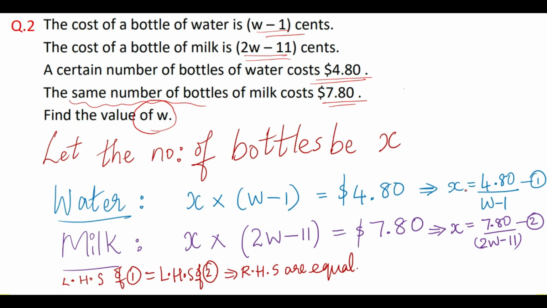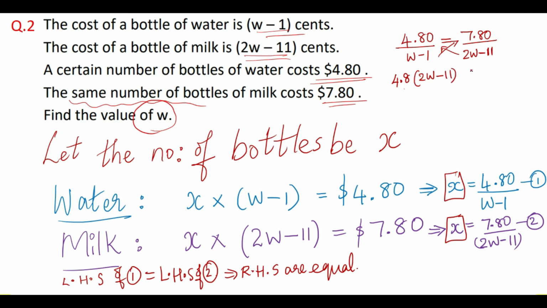Since it is X on both sides, I'll be writing 4.80 over W minus 1 is equal to 7.80 over 2W minus 11. You cross multiply, so 4.8 multiplied by 2W minus 11 is equal to 7.80 multiplied by W minus 1.